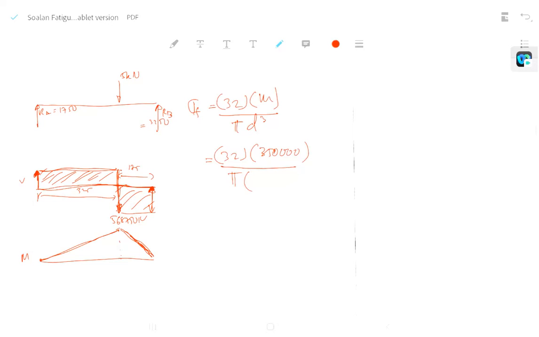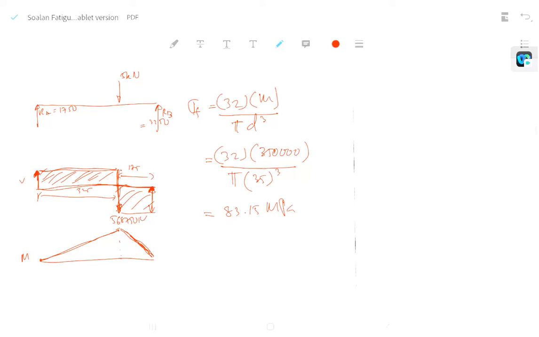So the smaller shaft is 35 mm. Then we get the value of 83.15 megapascal.